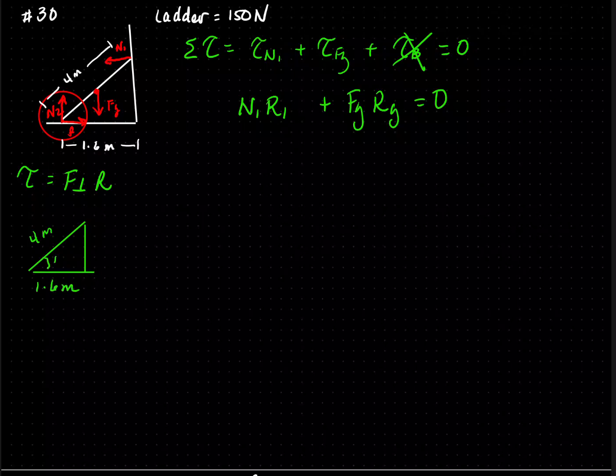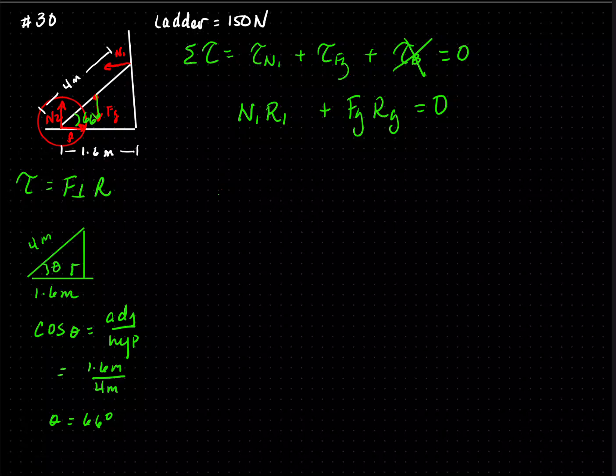So I could find this theta, because this becomes a right triangle, using cosine theta, which is adjacent over hypotenuse. So this becomes 1.6 meters divided by 4 meters, or theta becomes 66 degrees. So the angle right here is 66 degrees.